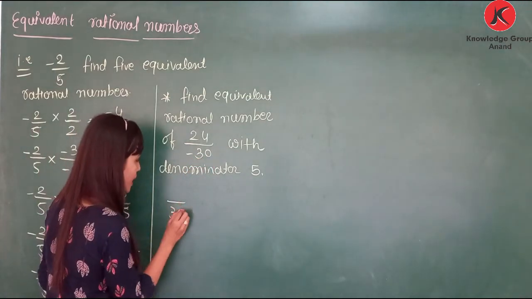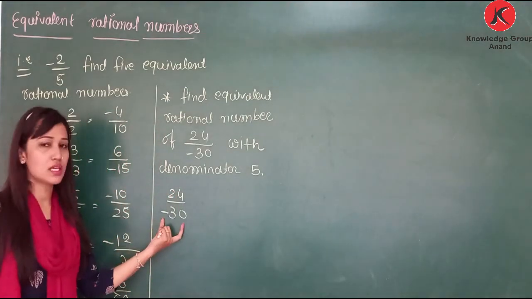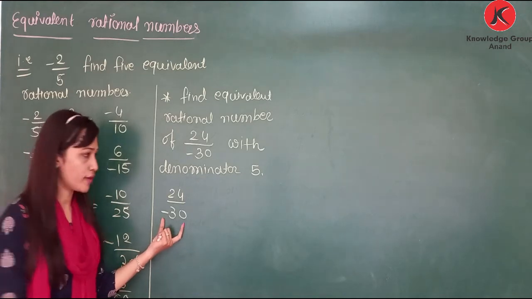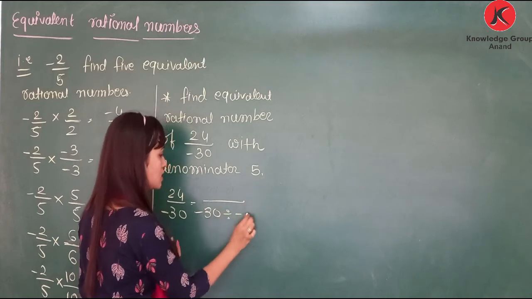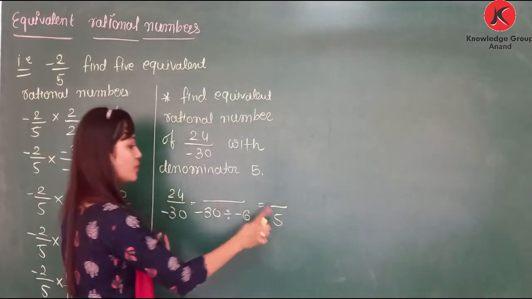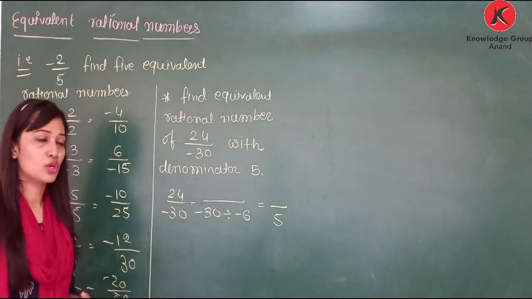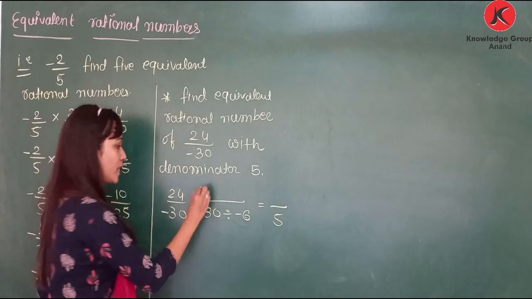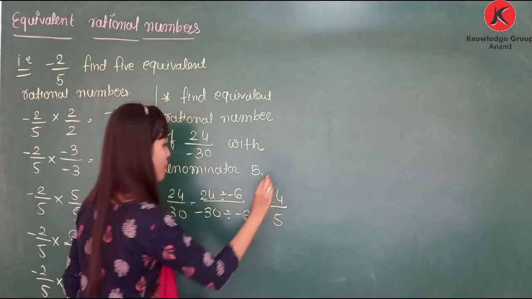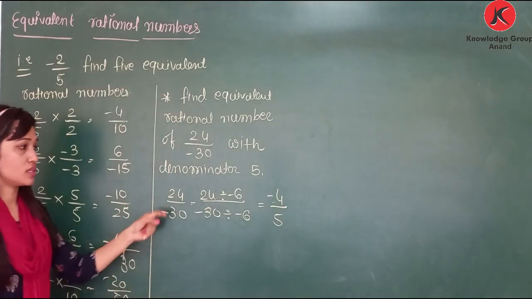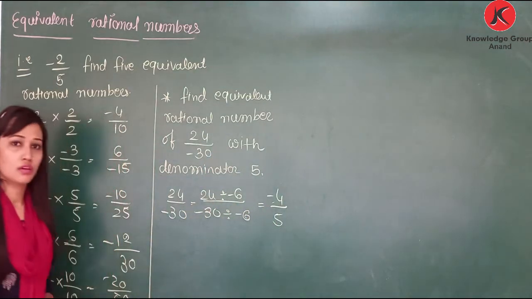So how can we make this minus 30 into 5? If we divide minus 30 by minus 6, we get 5 in the denominator. Minus 30 divided by minus 6 gives 5. Means we get the denominator 5 when we divide minus 30 by minus 6. So the same number we should divide in the numerator. Divide by minus 6, so it is minus 4. So this is the equivalent rational number of 24 by minus 30 with denominator 5.